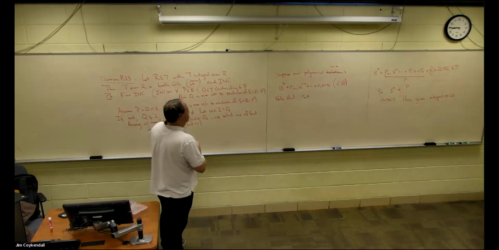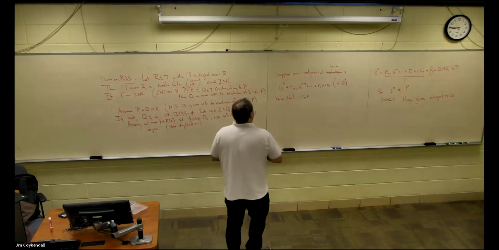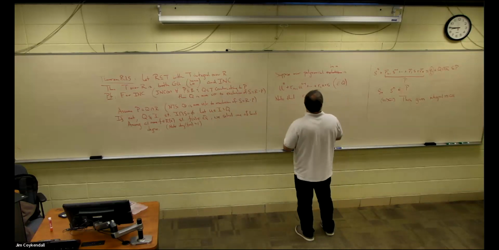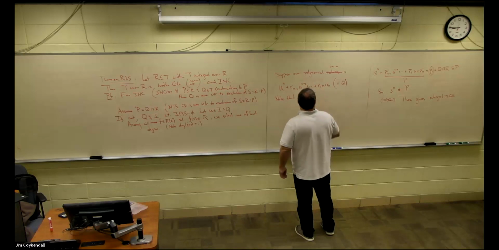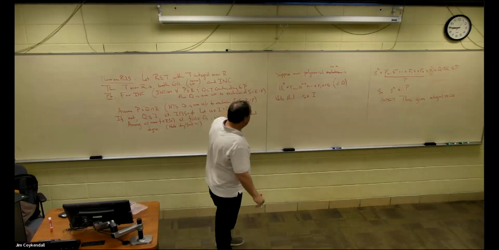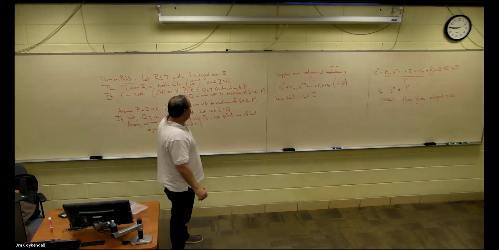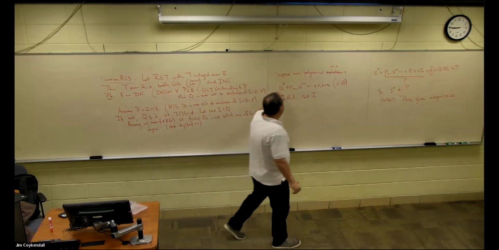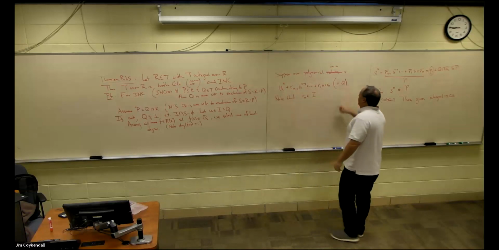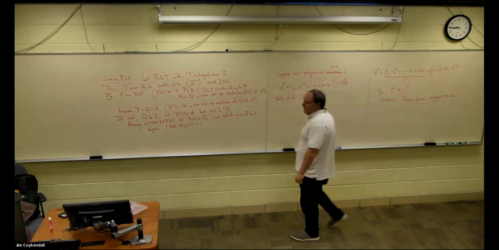Would everybody agree with that? That R zero must be in I? Right, because all the U's are in I, so this is a big fat thing in I. And this is in Q. Right?